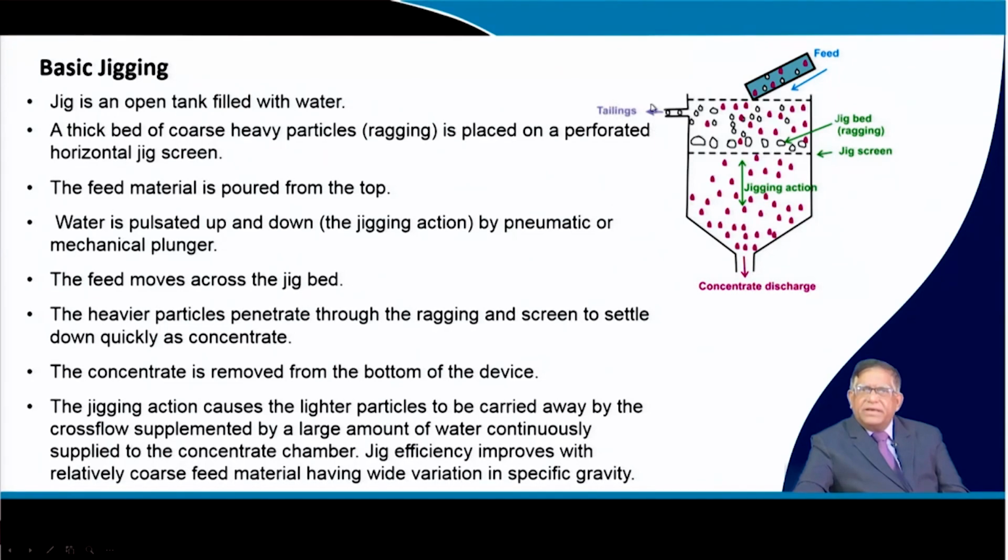Now, the feed material is placed from the top, and water is pulsated up and down by a pneumatic or mechanical plunger. The feed moves across the bed, and the heavier particles penetrate through it. Because water is coming all the time, you are keeping the perforations clean, and the lighter, low density particles like coal get to the top and are taken out.